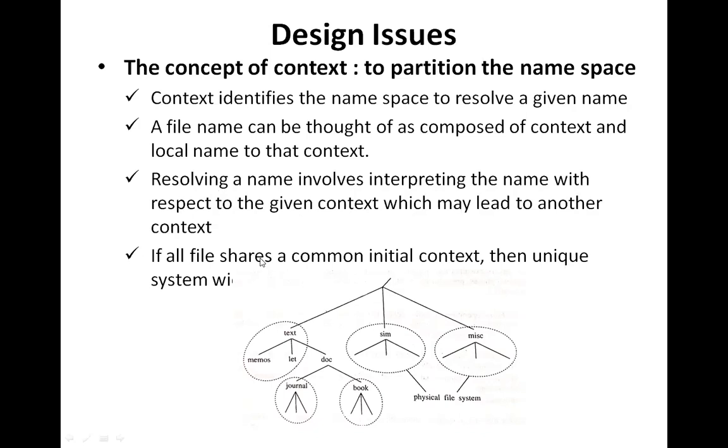So resolving a name involves interpreting the name with respect to the given context. And the interpretation may be complete within a given context or may lead to another context, in which case the process may have to be repeated.